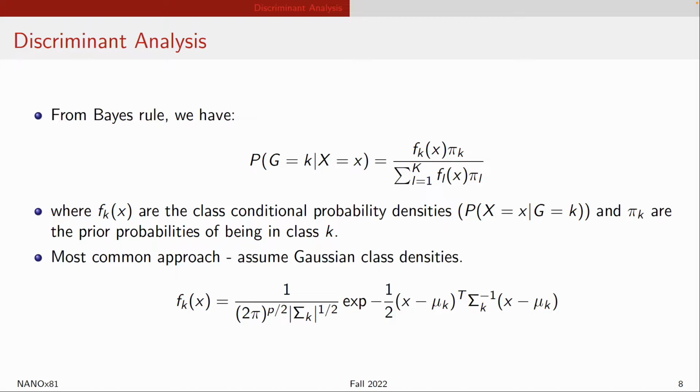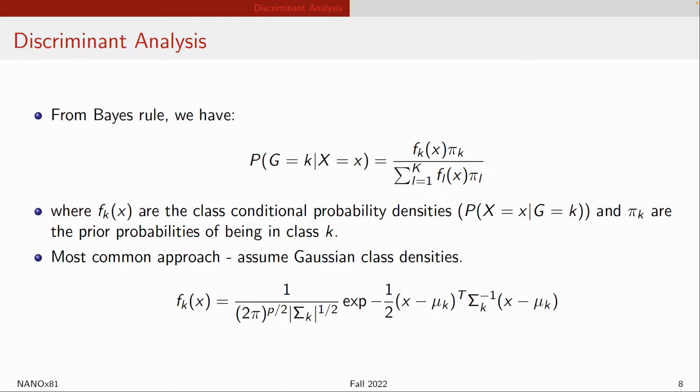Okay, so now the f_k(x) are what are called class conditional probabilities. Okay, so in other words, what is the probability distribution of x given that something is in class K, right?